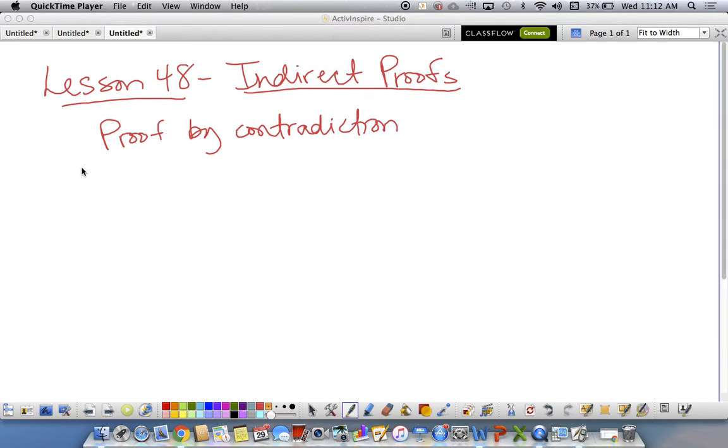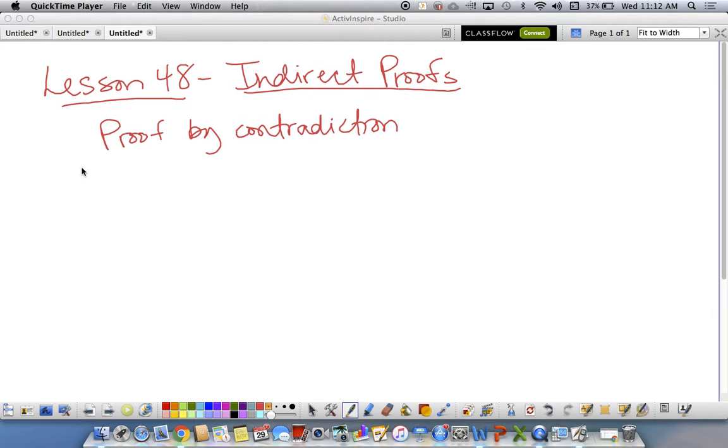A proof by contradiction means we're going to contradict something. We're going to go around about proving something. We're not going to go directly to the mall, or directly to my house. We're going to make a pit stop at the mall and drive around and then get there. Okay? So it's not a direct route, but it does have three simple steps.